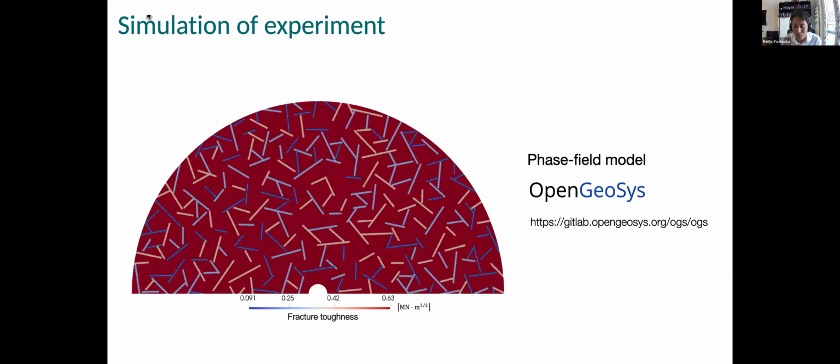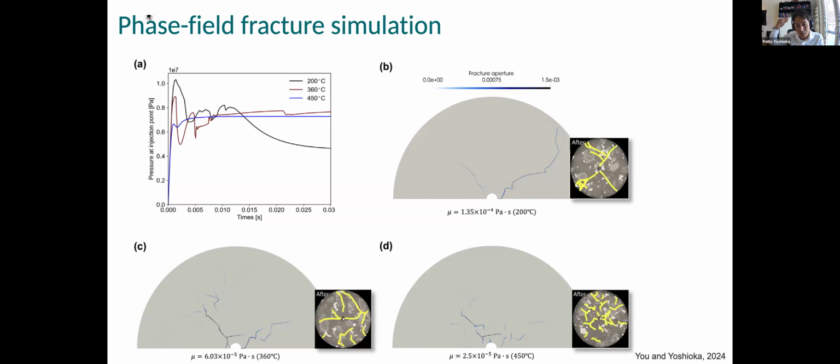For the numerical method, we used the phase field model, implemented in the open source code OpenGeoSys. I will not talk about this numerical method today, but if you are interested, the source code is open, and there are some publications you can look at. Instead, I am just going to present the simulation results we got.